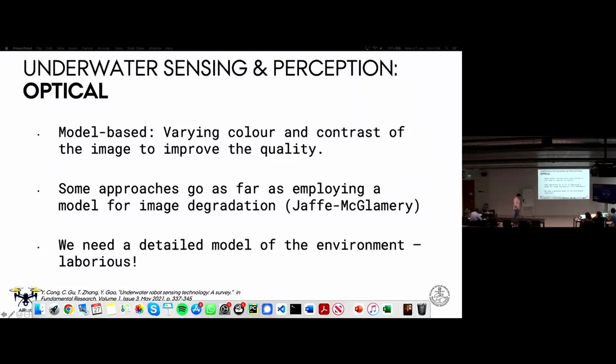Some approaches go as far as trying to employ a model which defines image degradation, the so-called Jaffe-McGlamery equation. It's a very laborious process. The problem, obviously, is that you need to actually sit down and work out what governs the poor quality of the image itself, and then try to remove it. So again, as I said, very laborious.